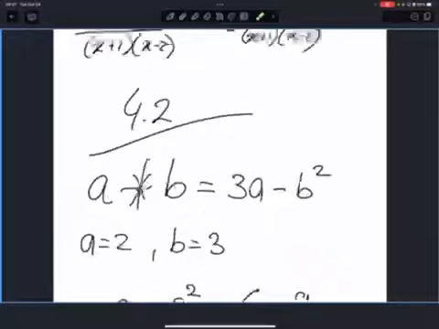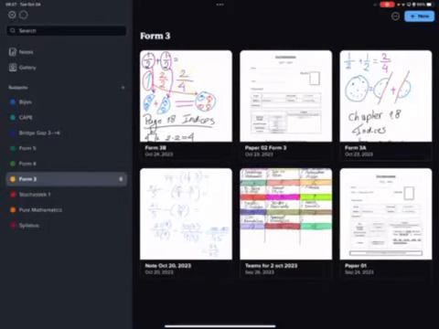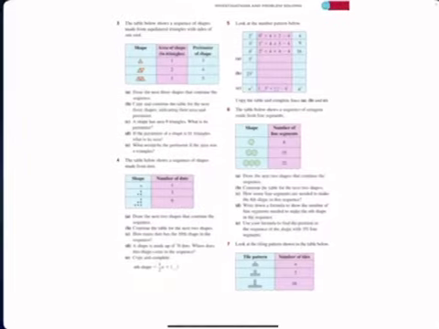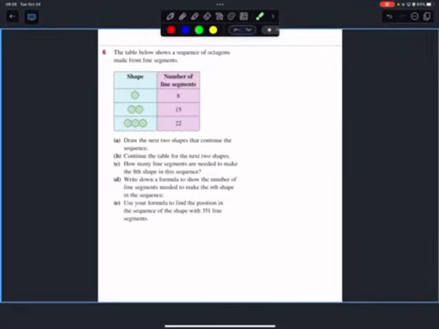So exercise 6 states, exercise 6, A, draw the next two shapes that continue in the sequence.